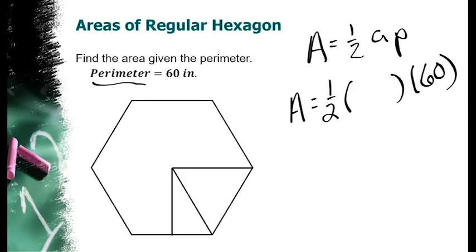So if I take that perimeter, which is 60 inches, and divide it by 6, because we have 6 sides, that means each side would have to be 10 inches long. Because the apothem goes from the center to the midpoint, that means that full side is 10, making this length here 5 inches.